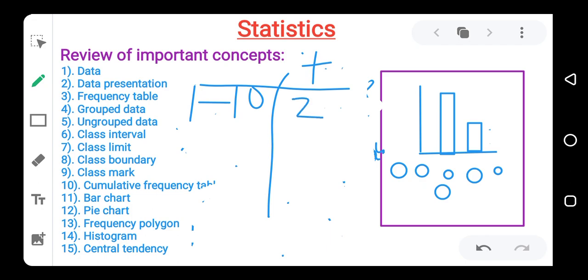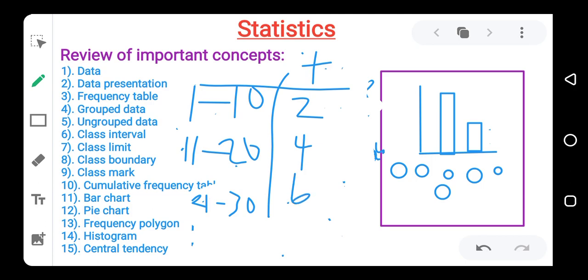We have 11 to 20 and the frequency of it is 4. And we have 21 to 30 and the frequency of it is 6.